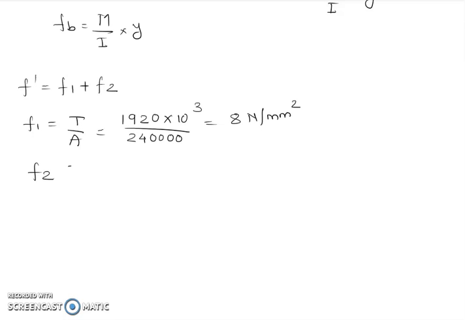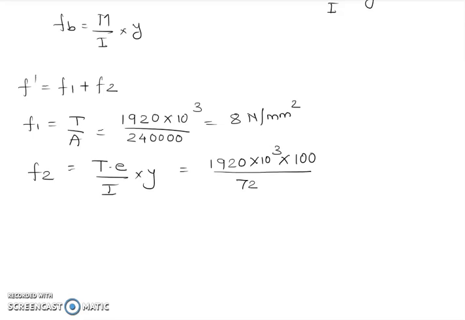Now F2 is T into E by I into Y. T is 1920 into 10 raised to 3. Eccentricity E value is 100 divided by I, which is 72 into 10 raised to 8. We have already calculated this in the previous numerical, and value of Y is 300, same as what we have used earlier.